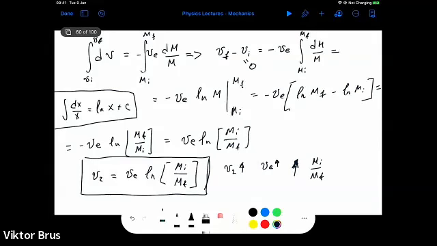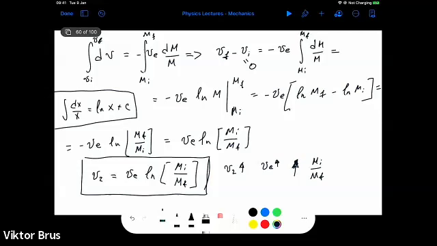So only about 10% is useful weight. That's why, and this comes from this equation, it requires to have final weight of the rocket after burning all fuel as small as possible.